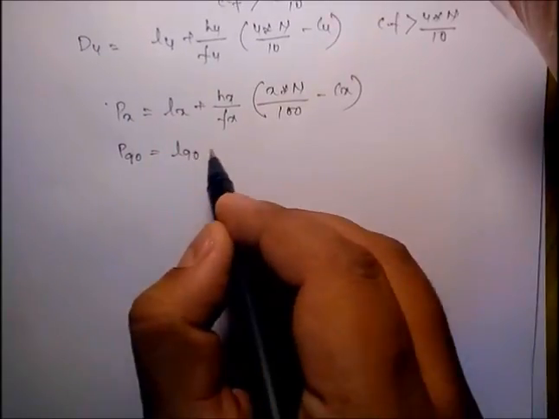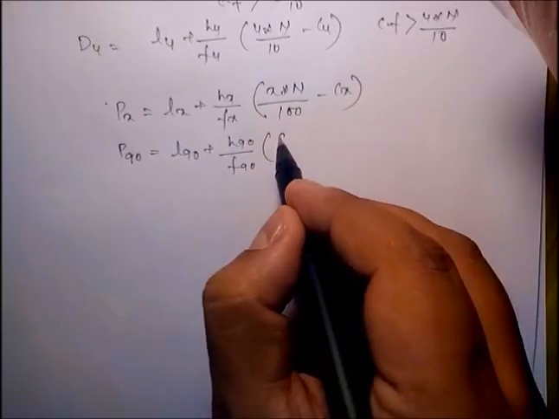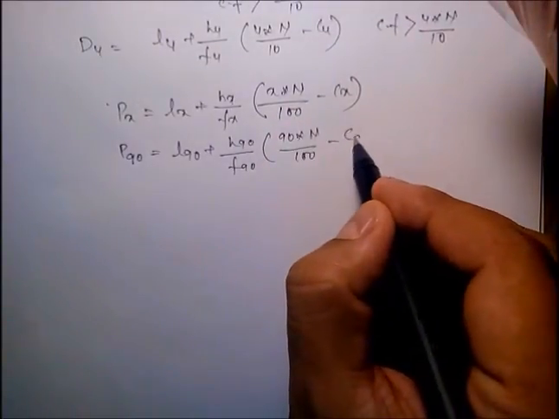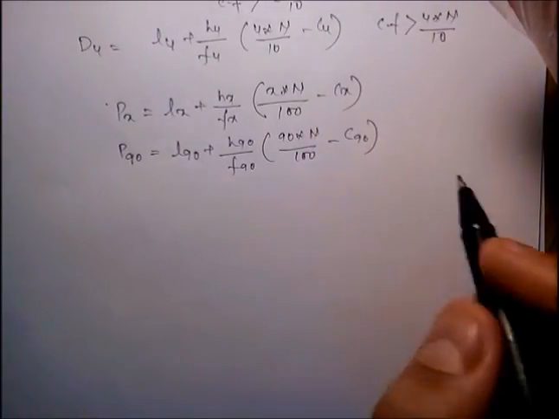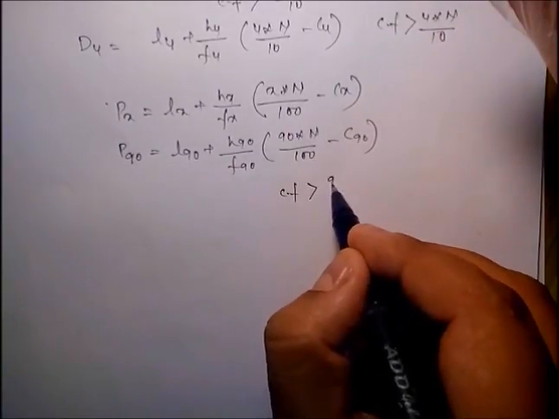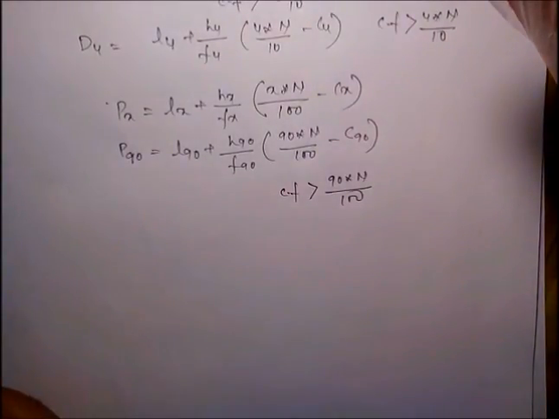So L90 plus H90 by F90, 90 into n by 100 minus C90. So how to calculate the 90th percentile class? Identify the cumulative frequency just more than 90n by 100. Okay. So in this way we can calculate.